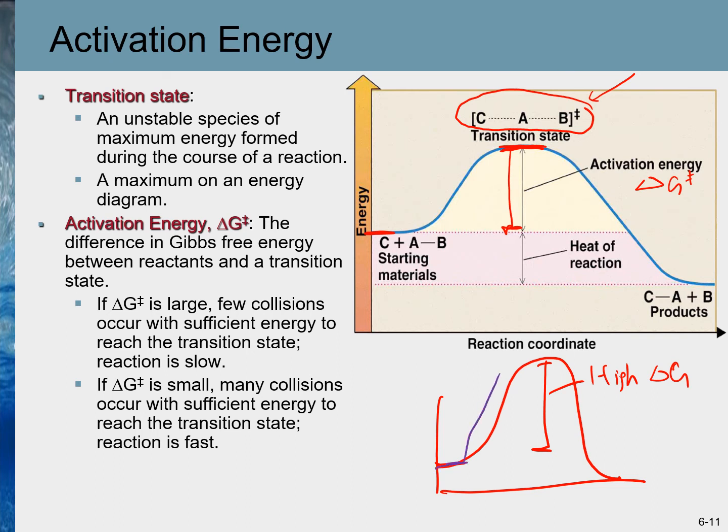But in some other reaction, if the activation barrier is small, then low delta G is required, so most of the collisions will be effective to cross that barrier. So low delta G will give reaction rates which are very fast, and high delta G will result in reactions with very low rate of reaction.